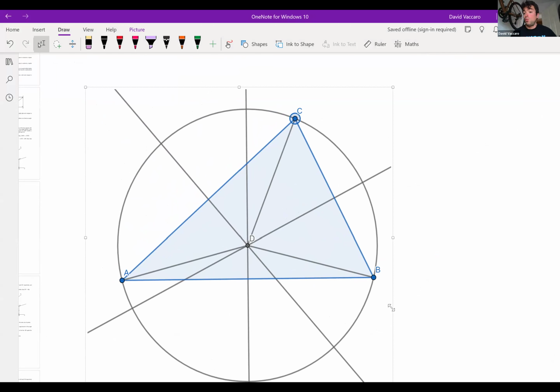I'm now going to try and find what the radius of this circumcircle is. So let's label one of the angles here in standard notation. So this angle at C, we would normally label as C.